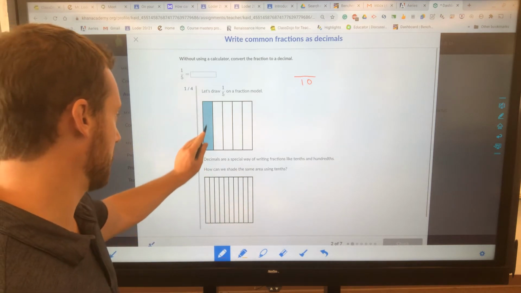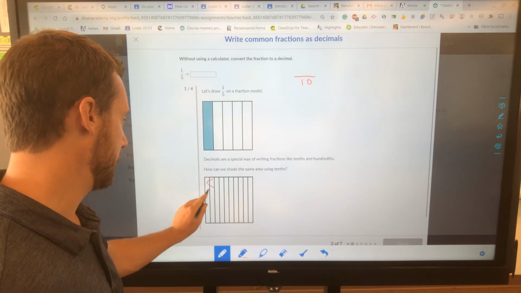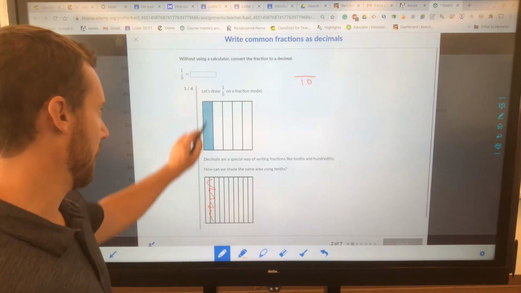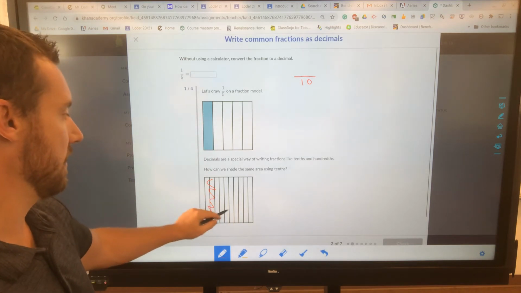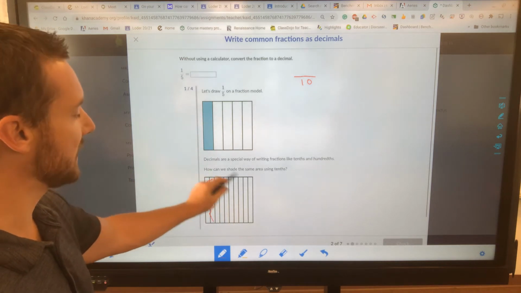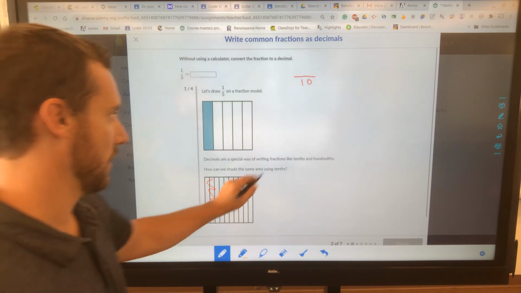And then they're asking, okay, now let's shade the same amount of area in this one. If we just go straight down, we would see pretty clearly that 1/5 in this box is equal to 2/10 in this one, okay?